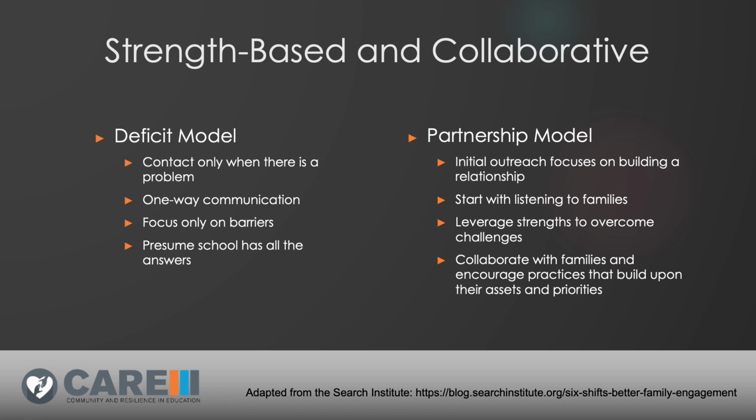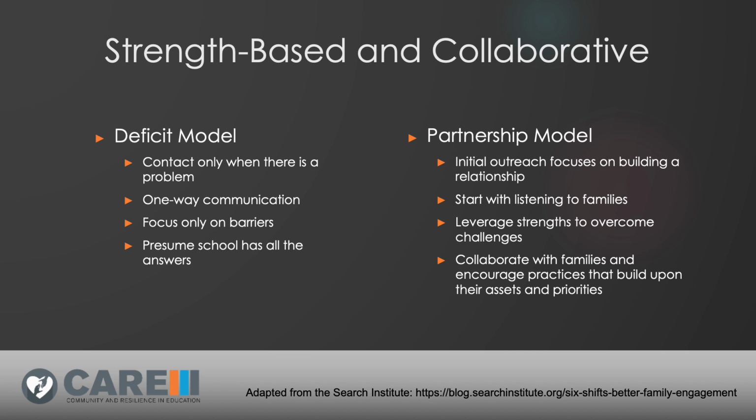We also want to listen to our families. And so we want to engage in bi-directional communication and recognize that the families are the experts in their family system and in their community, as well as with their child. And so we need them to work with us so that we can come up with plans that are truly supportive of the child.